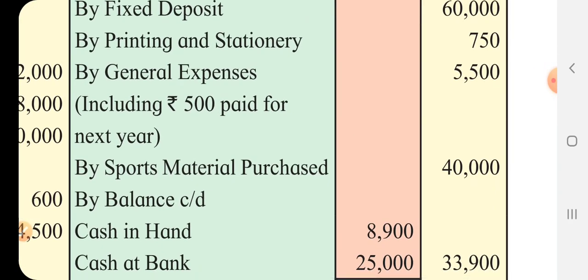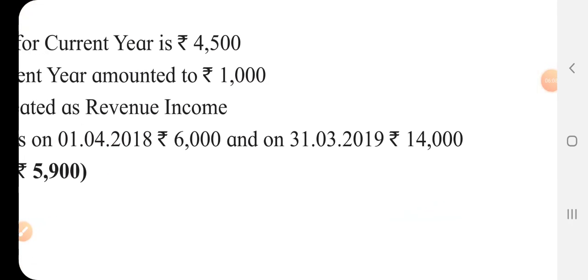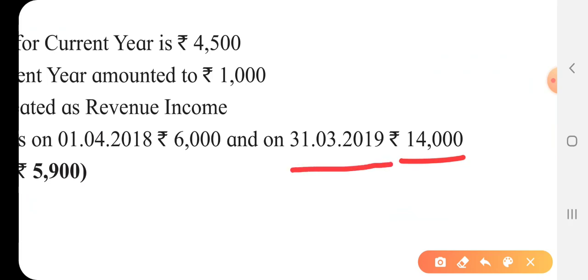Here it is, rupees 40,000 will be added to the opening stock, and then the closing stock of sports material will be deducted from that total. This is the closing stock of sports material. It will be deducted because it was not used in this year, that's why it is still there on the closing date of this year.